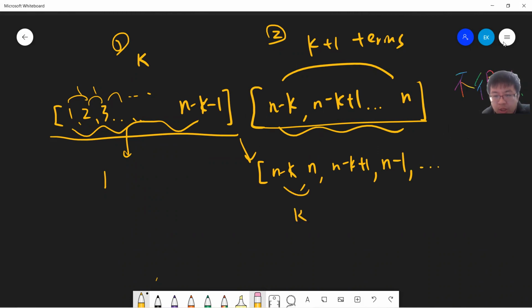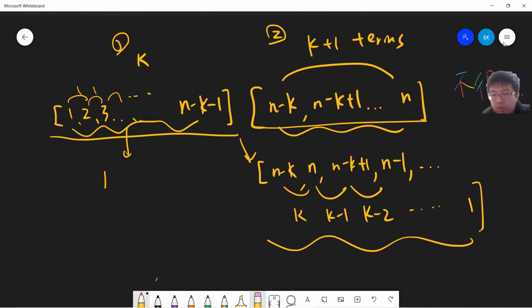You see the differences are k, k minus 1, up to 1. So in total, this will give me exactly k distinct integers.